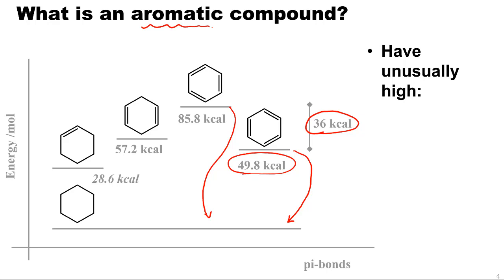But now the meaning of aromatic is any compound that has unusually high resonance stabilization. So it's much more stabilization than the 3 to 4 kcals you expect. It has roughly 10 times that increased stabilization. Now, just to be clear, when we say it's increased stabilization, it's lower in energy, not higher in energy, right?